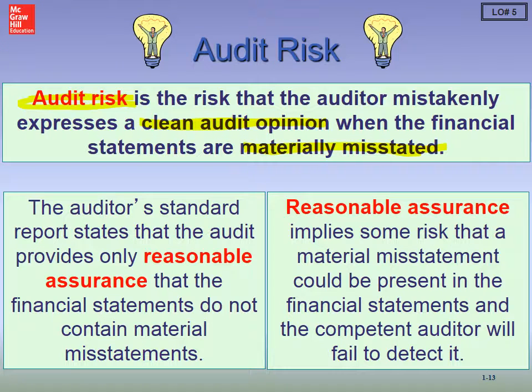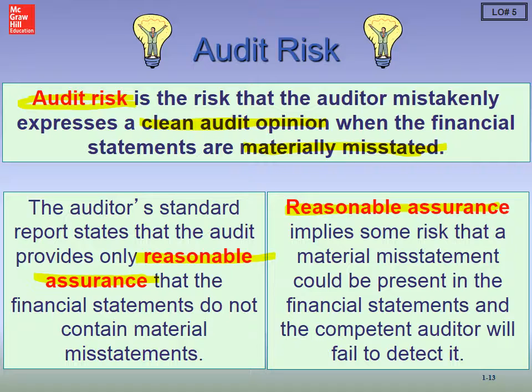Okay, but if you take a look, you can see that we are looking for reasonable assurance. Sorry guys, we were talking about audit risk. Audit risk is the risk that the auditor will unintentionally give a clean opinion.